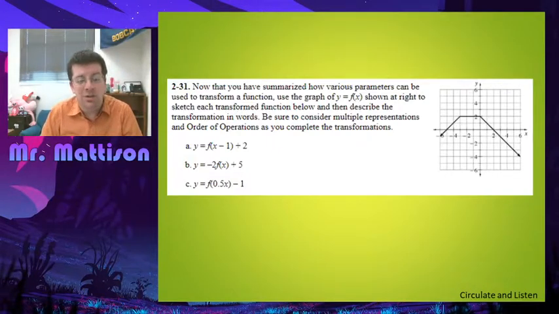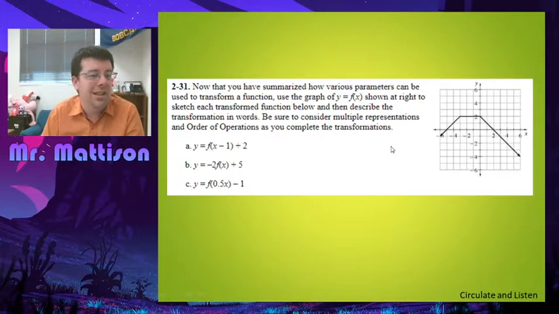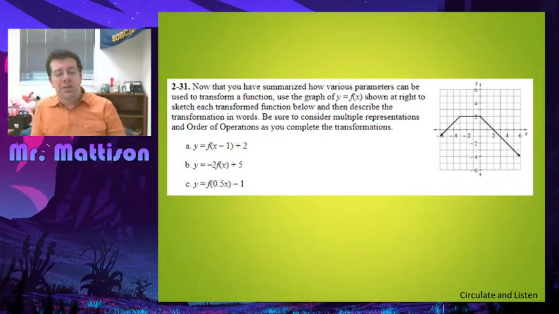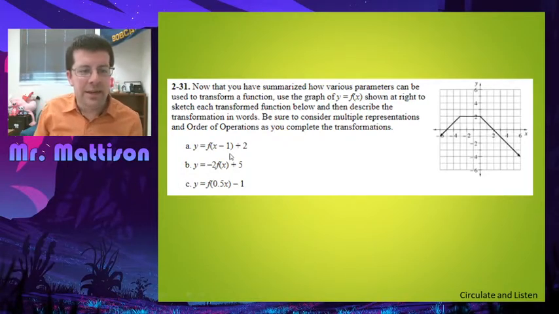So what I want you to do now is pause the video and try and sketch or figure out what this graph would look like if we did these 3 different things to it. So the first one, we're going to put -1 there and plus 2 there. What would it look like? Stuff like that. Go. All right, now that you've tried those out, what we should get here is this first one on A, is this -1 would actually move everything to the right 1.